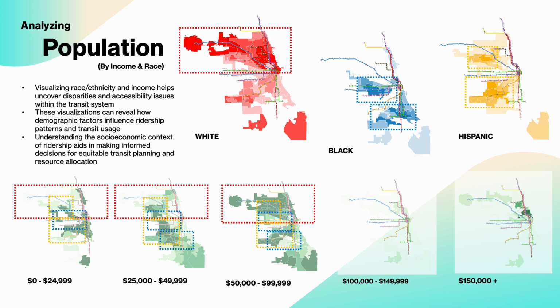In this case in particular, visualizing race and ethnicity paired with income helps us identify the different disparities and accessibility issues regarding the transit system. It also helps us identify the demographic factors that influence ridership patterns or usage.